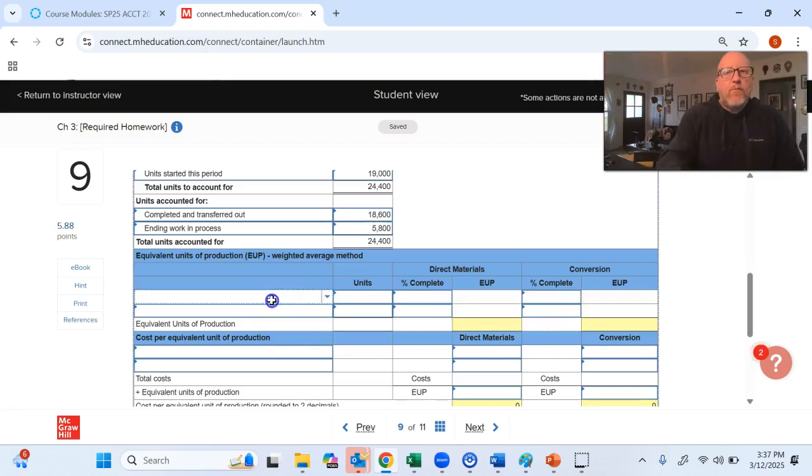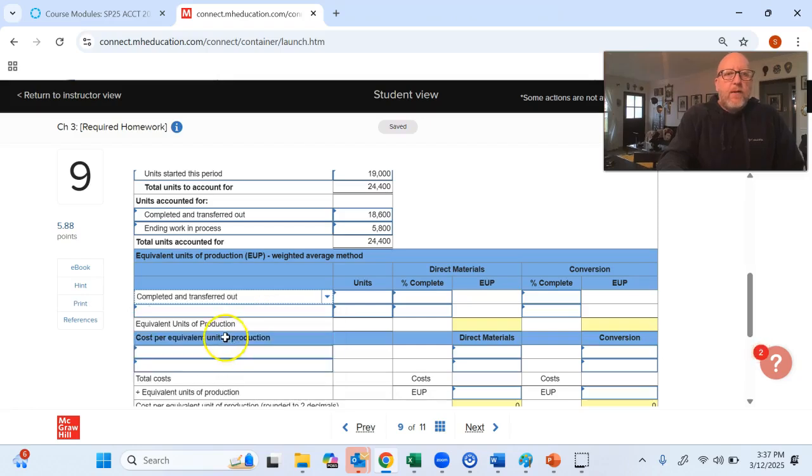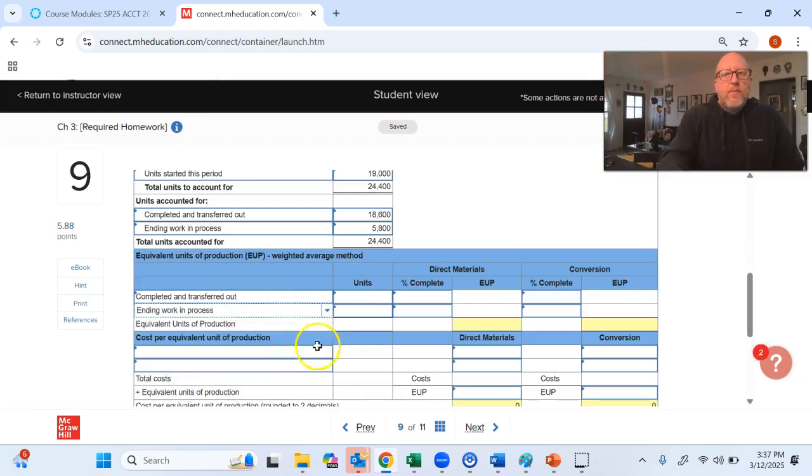We are accounting for the 2 buckets: completed and transferred out, and ending work in process. Listen, if we completed and transferred it out, with respect to material and conversion costs, it's 100% complete. Otherwise, we would not have transferred it out.